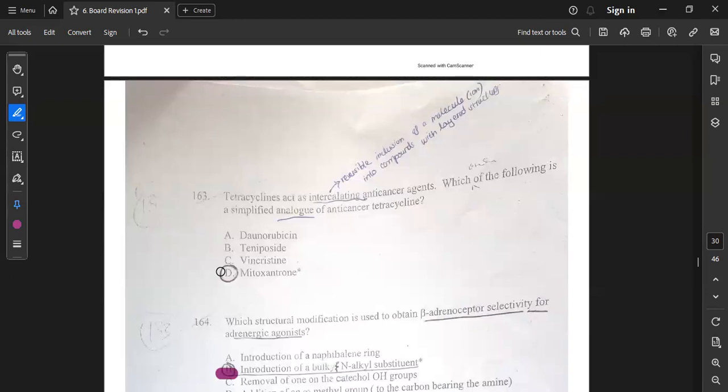Bone marrow suppression. Anything else? Yes, you're supposed to give folic acid to prevent deficiency that might arise from methotrexate administration.